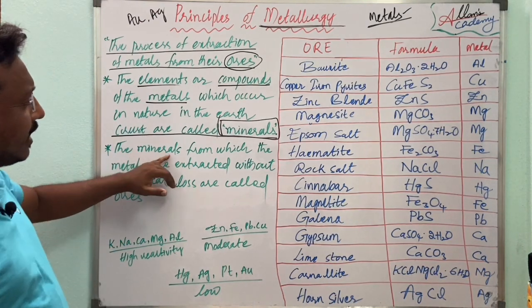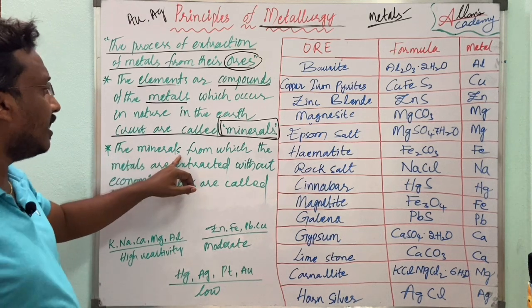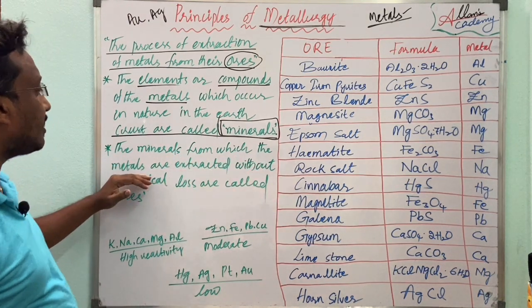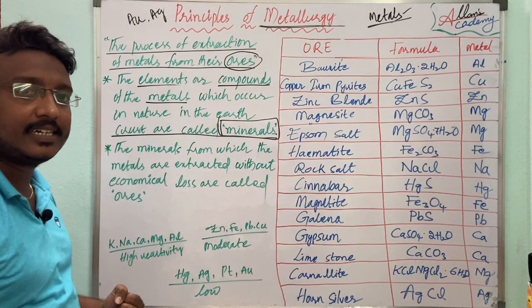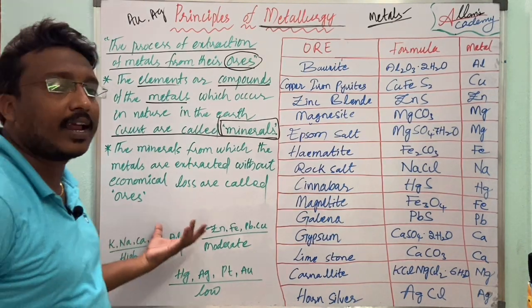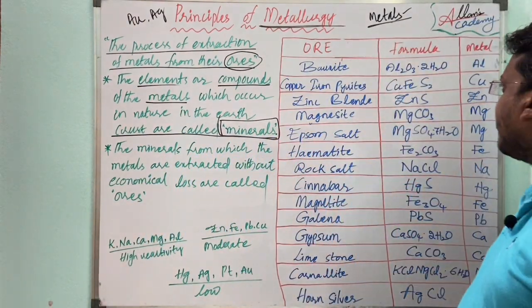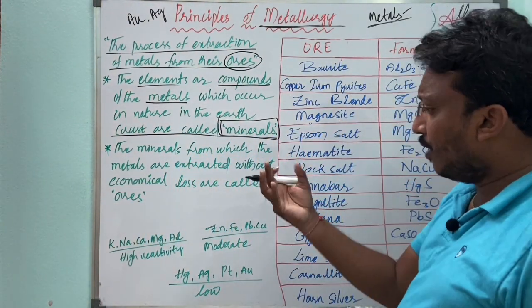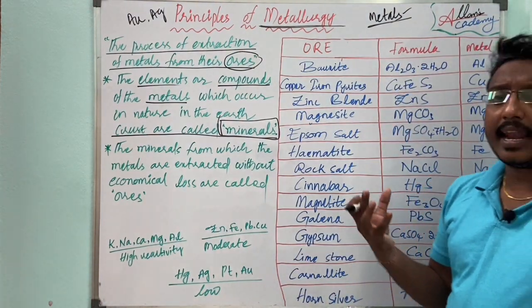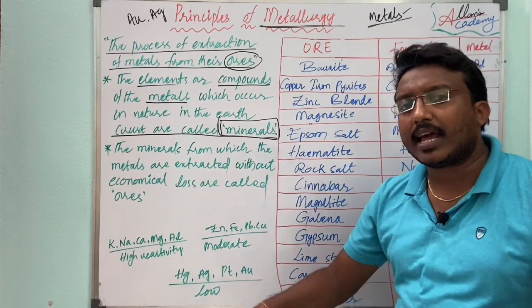Then the minerals from which the metals are extracted without economical loss are called ores. Here, for example, aluminum is available in a large percentage in our earth crust.